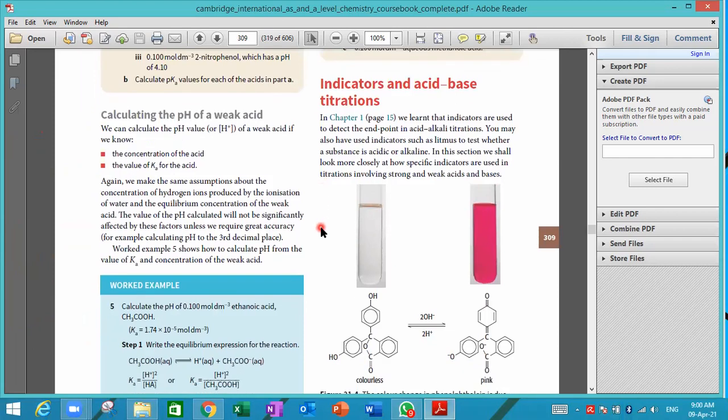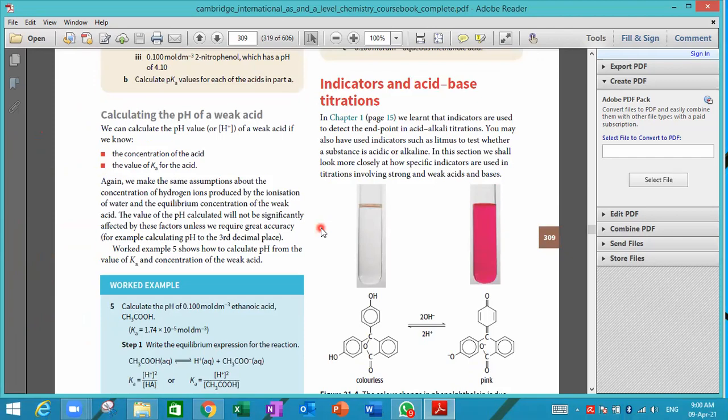Now, when we do titrations, as you remember, titration is an experimental method that is carried out between an acid and a base or an alkaline solution. For example, if we have an acid that we do not know its concentration, we do what we call a titration together with an alkaline solution in order to determine the concentration of the acid.